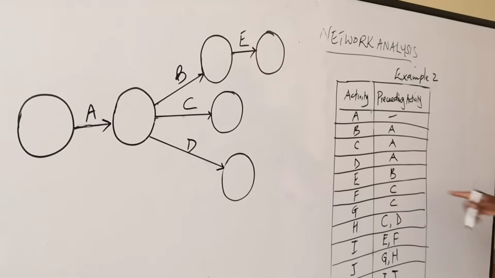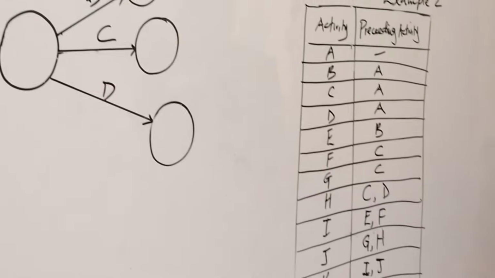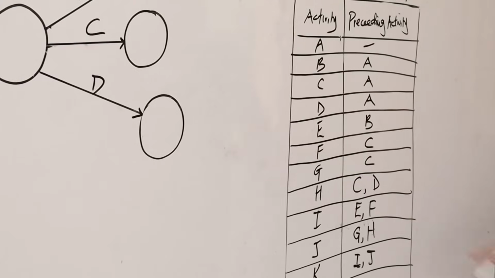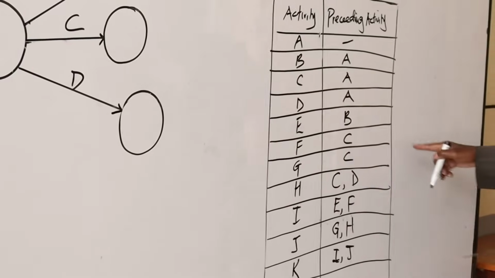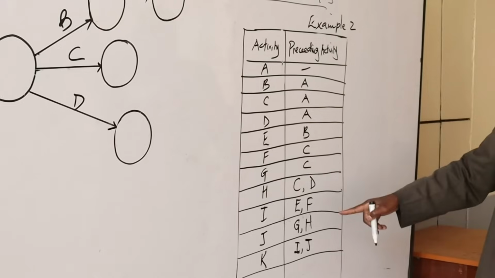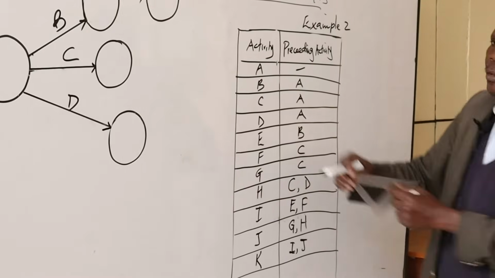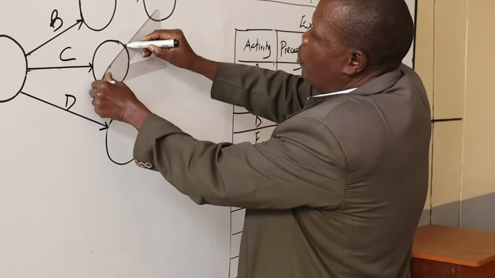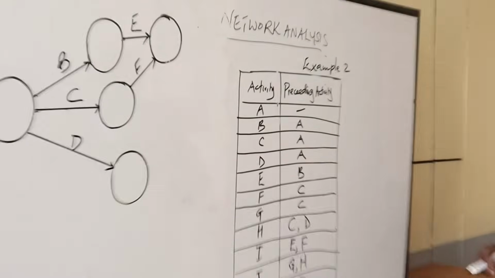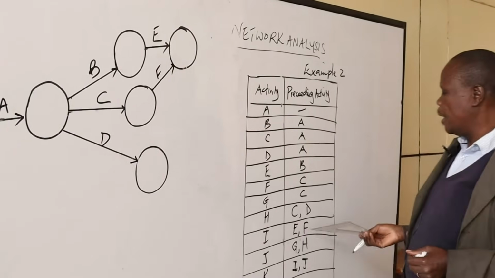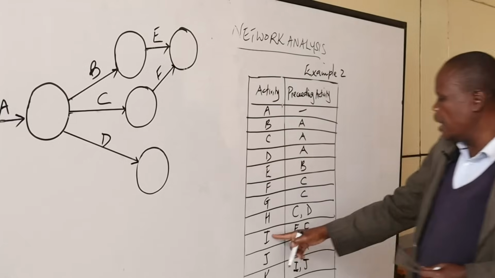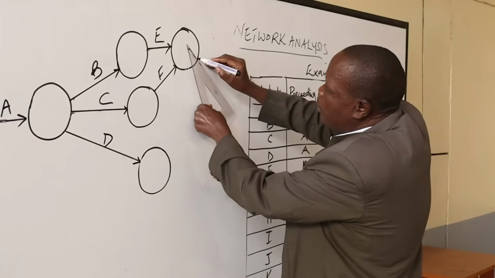Then after C, there is F. But E and F are converging, and therefore F must go all the way to meet with E. So C is giving rise to F. Then E and F, after they have converged, both of them give rise to I.